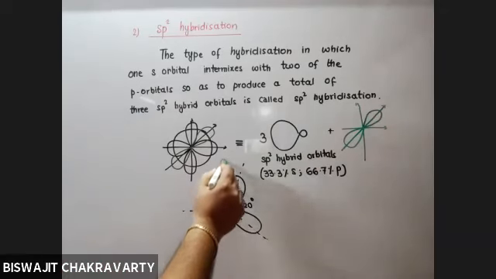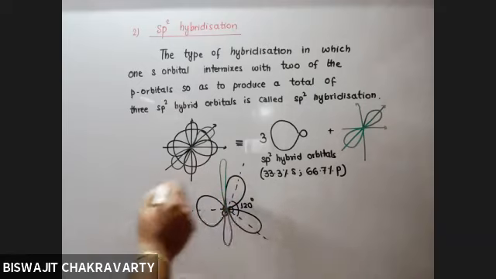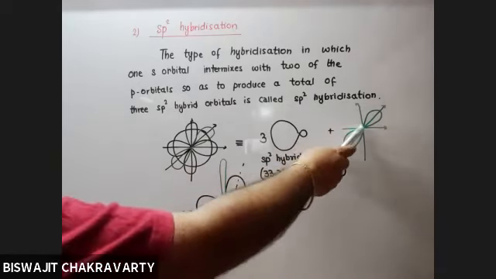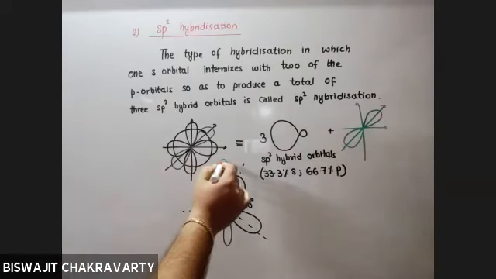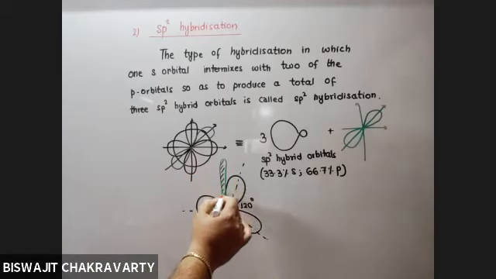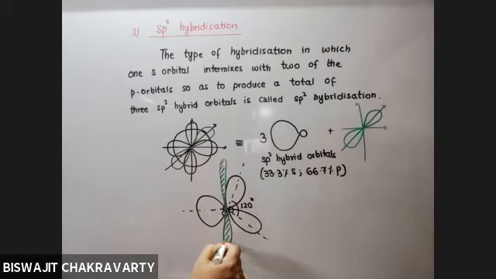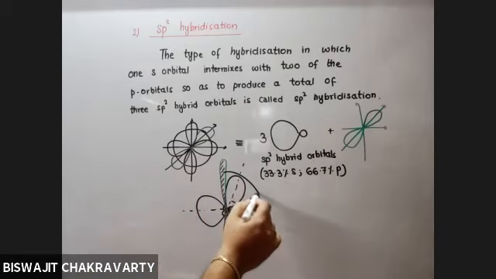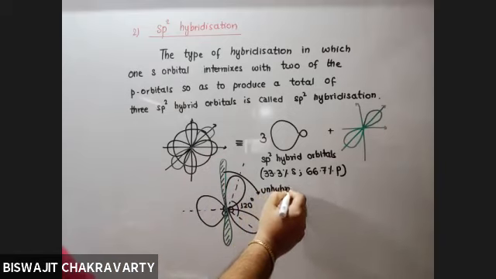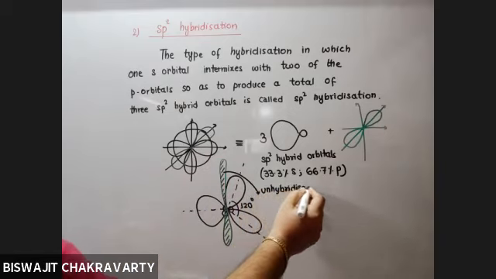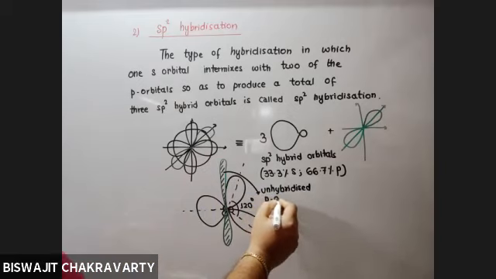That will be lying perpendicular to the molecular plane. So the green one that I have shown is present here. So this one is referred to as the unhybridized p orbital.